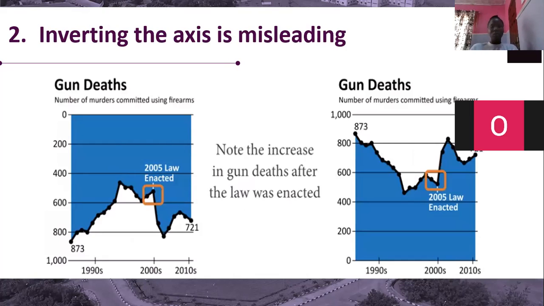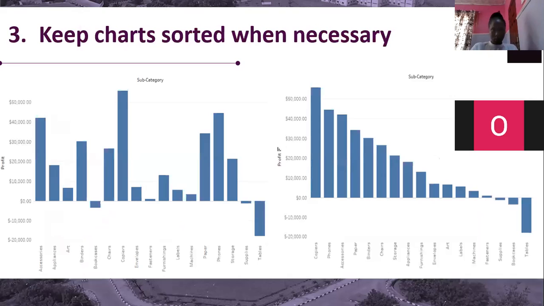The graph on the left makes it look like there was a decrease in the number of gun deaths after the law was enacted, which was actually not the case. Plotting the graph in the proper way, like on the right-hand side, makes it obvious that the gun deaths did not decrease, but they increased.